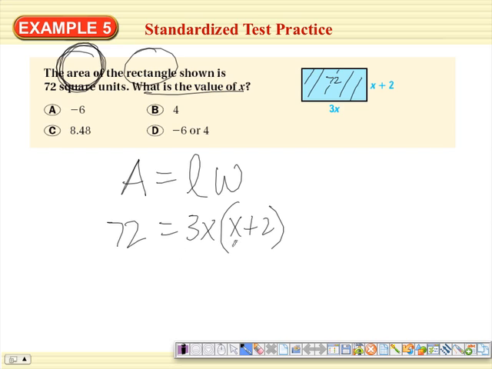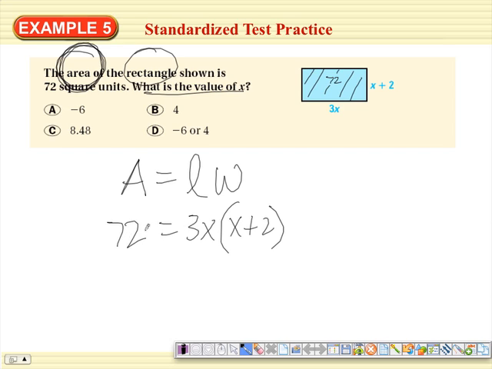Actually, let's start us off. How do you do something like this? You can't do 3x equals 72 and x plus 2 equals 72. I get people to do this. What are you doing there that you shouldn't? Where did we use that kind of thing, but it's not the same? Oh, the zero product property. You can only do that if this was equal to 0.